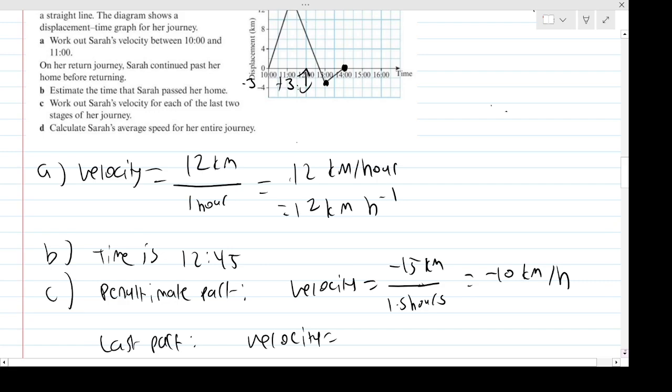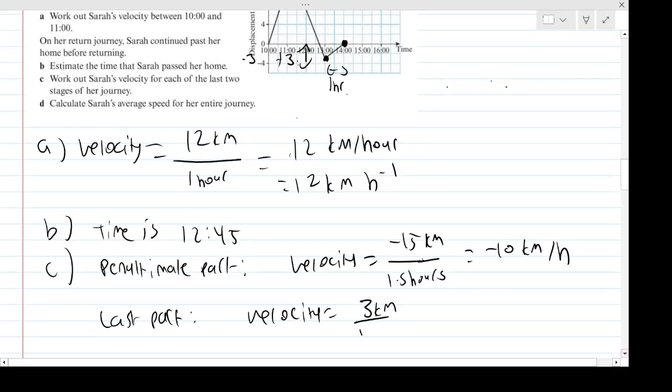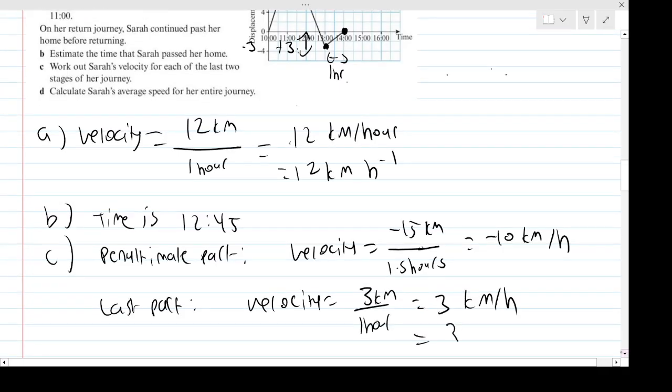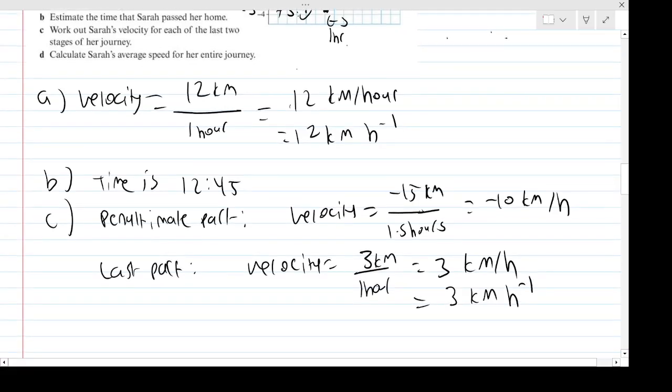The time is 13:00 to 14:00, so that's just 1 hour. So 3 kilometers over 1 hour, which is just 3 kilometers per hour. Or properly, using the proper notation, 3 km h^-1, which is the same thing.